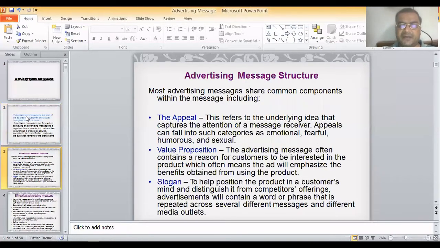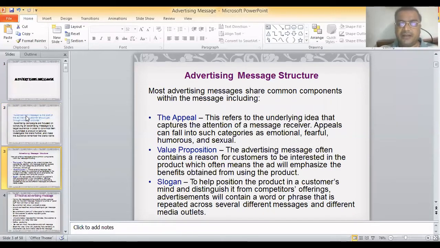Now, if we go deep into the advertising message, first let's look at what the advertising message looks like. What is the structure, or what are the components of an advertising message? First comes the appeal.